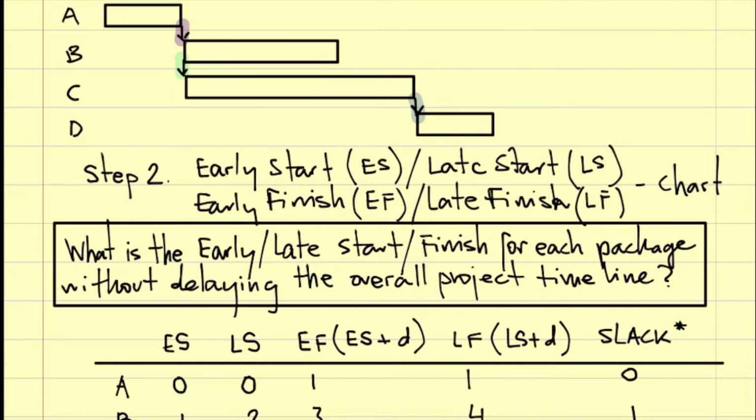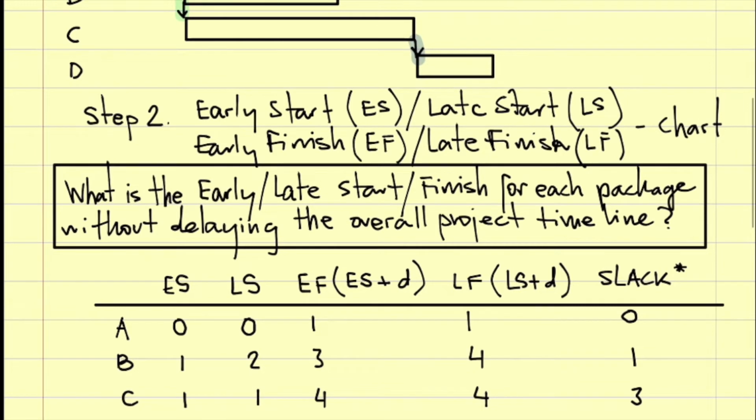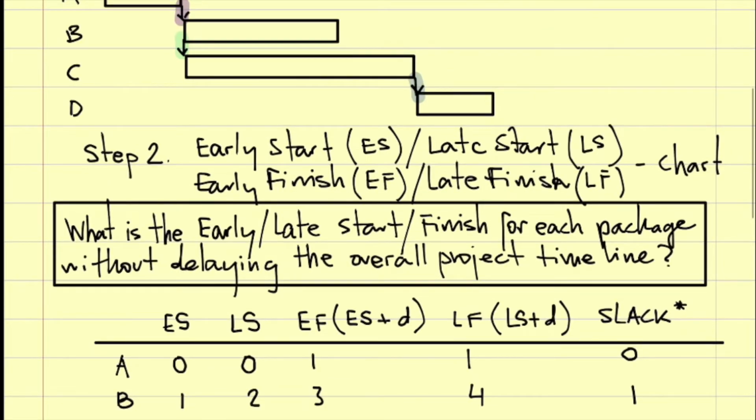What is the early finish for C? 4. And the late finish? 4. Good. So the slack is 3. Right? Sorry, the slack is 0. Sorry. Yeah.